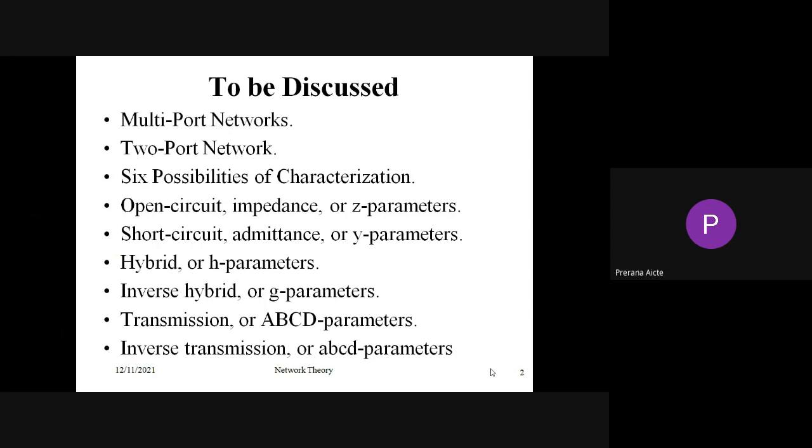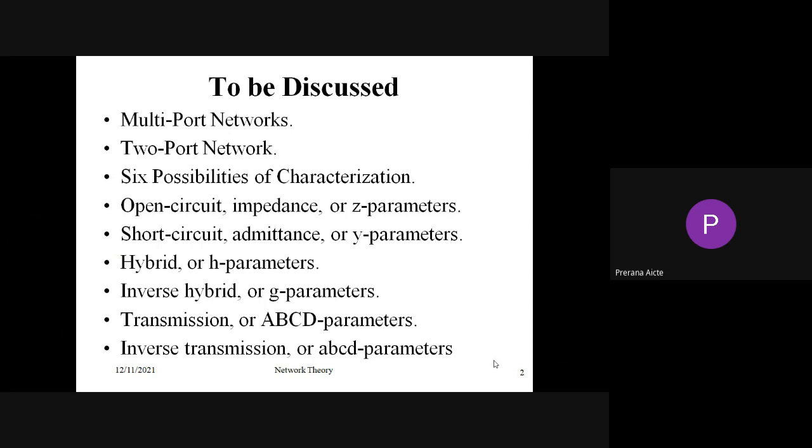The parameters are, first, open circuit impedance parameters, another name for which is Z parameters. Another two-port network parameter set is short circuit parameters, also called admittance parameters, or Y parameters.